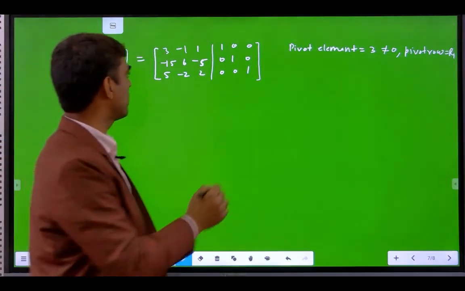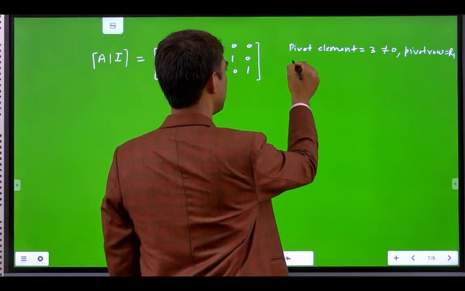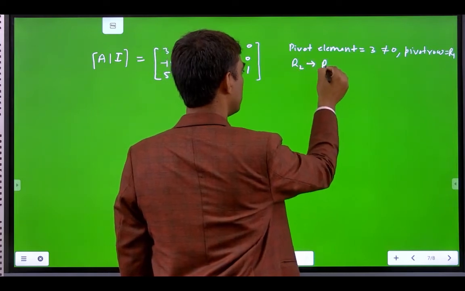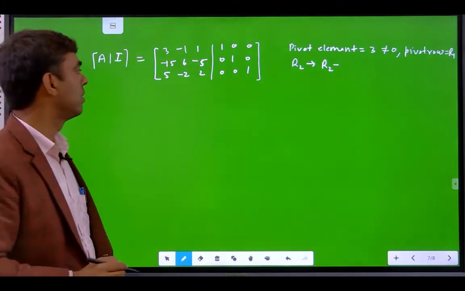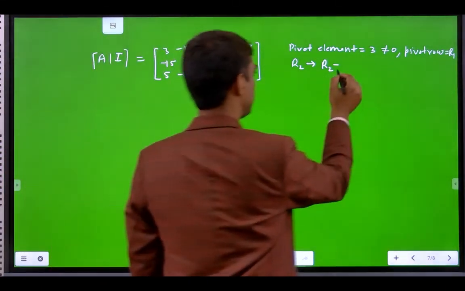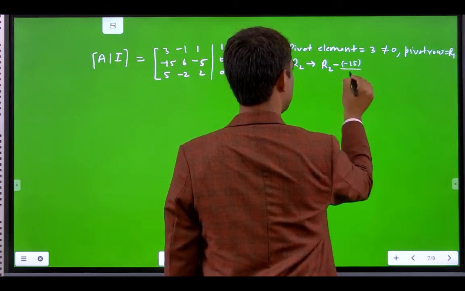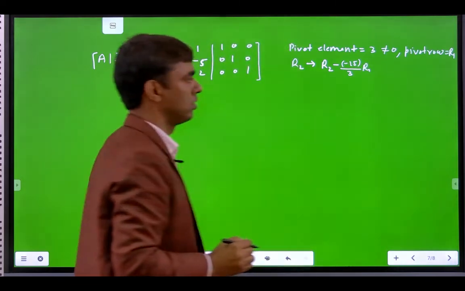Now we perform the elimination in the second row: R2 minus (minus 15 divided by the pivot element 3) times the pivot row.